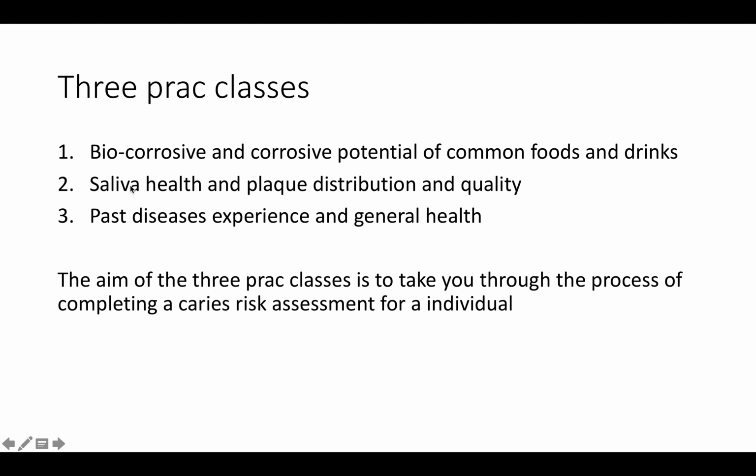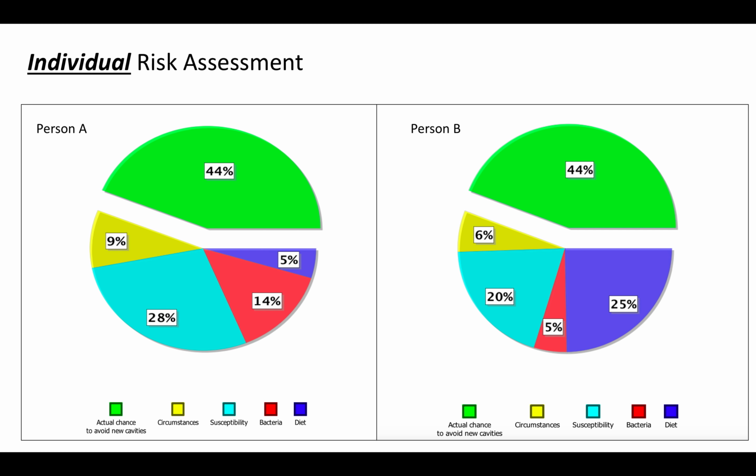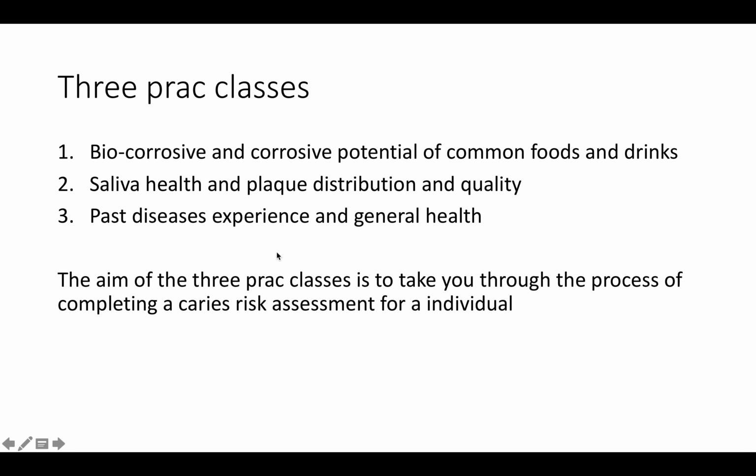And then in the final Prac, we'll be looking at some other factors related to risk and putting it all together and then plugging all of that information into the Cariogram software so that we can generate a Cariogram pie chart like this to demonstrate the level of risk and also the contribution for yourself.